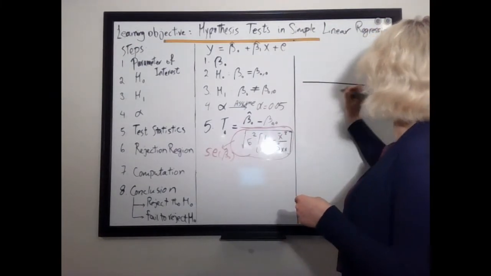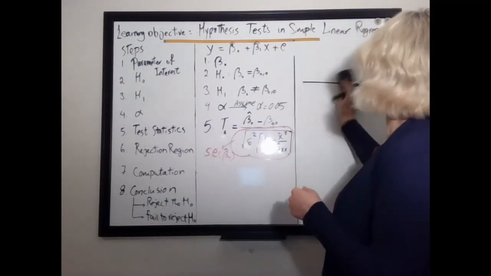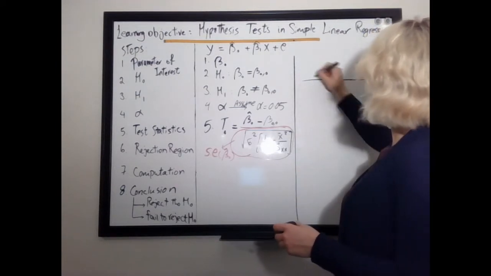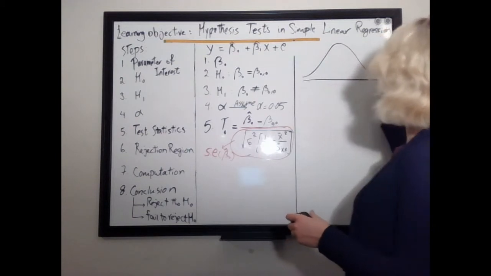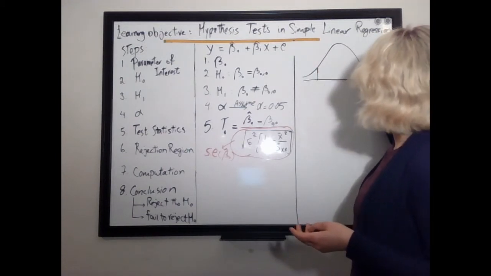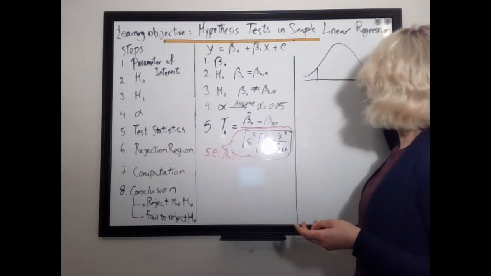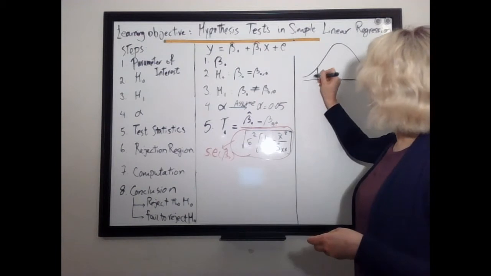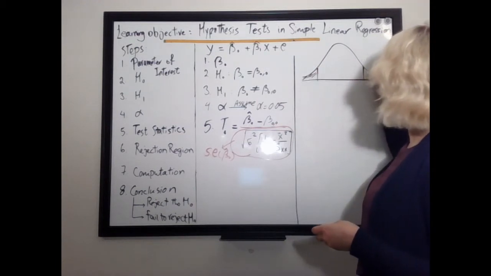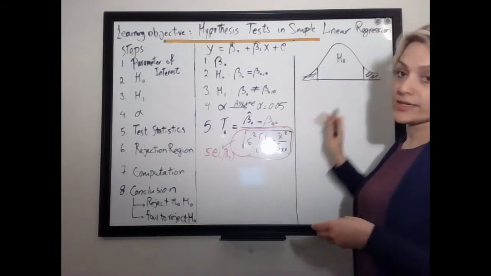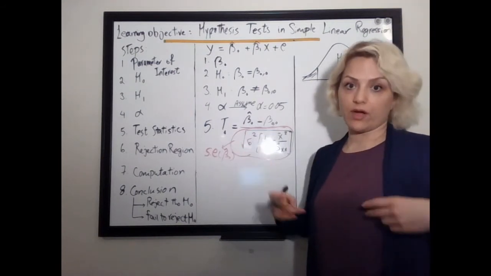Say this is my t-table and my Tn is normally distributed. My rejection region is going to be this area and this area. Here is the null hypothesis, and these two areas are the area of the alternative hypothesis.